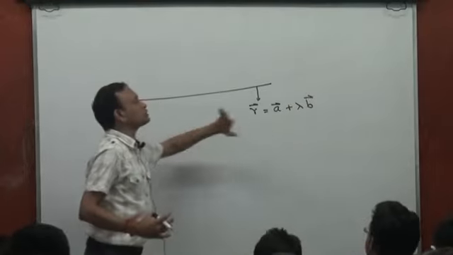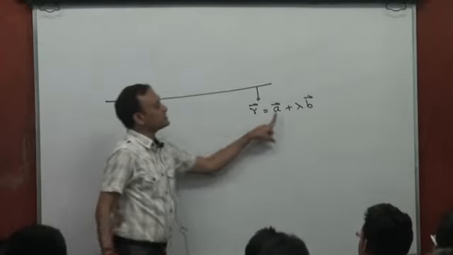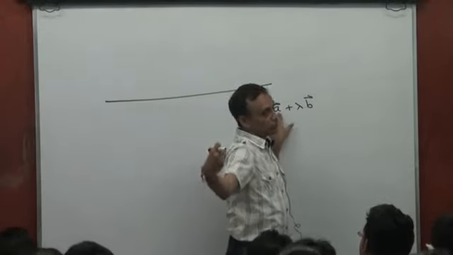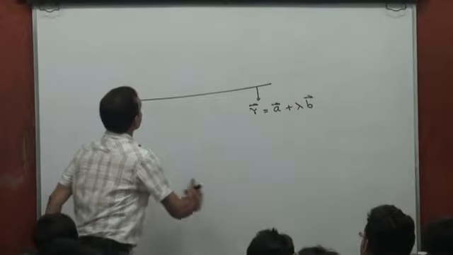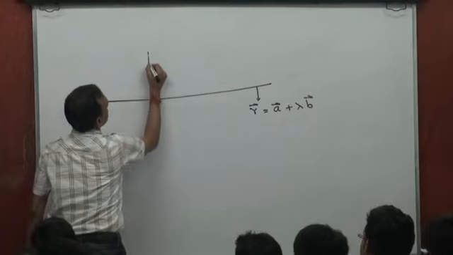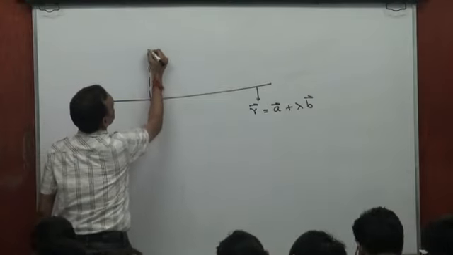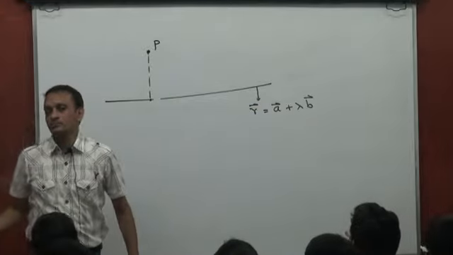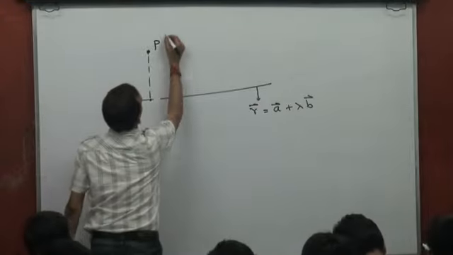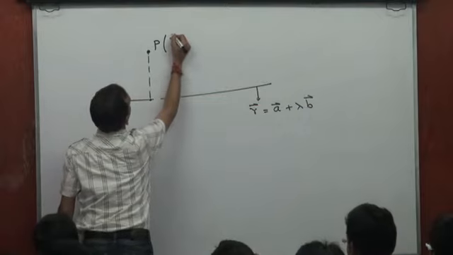So that's the equation of a line governed by two entities: A, the position vector of a certain point on the line, and B, a vector parallel to the line. And you have a certain point P, let's say, whose position vector is R0.